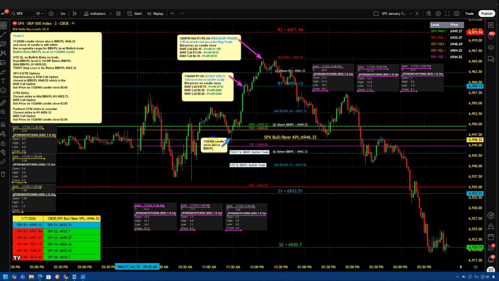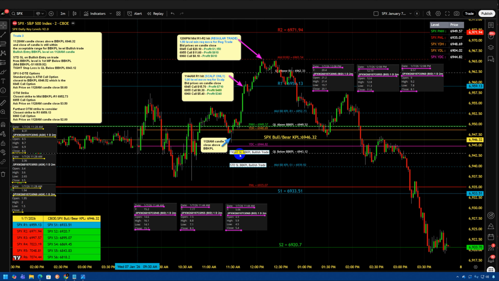This is the 11:28 a.m. candle. So the 11:28 a.m. candle closes above the BBKPL, and the close of the candle is still within the acceptable range for a BBKPL level bullish trade. Bullish entry on the 11:28 a.m. candle.